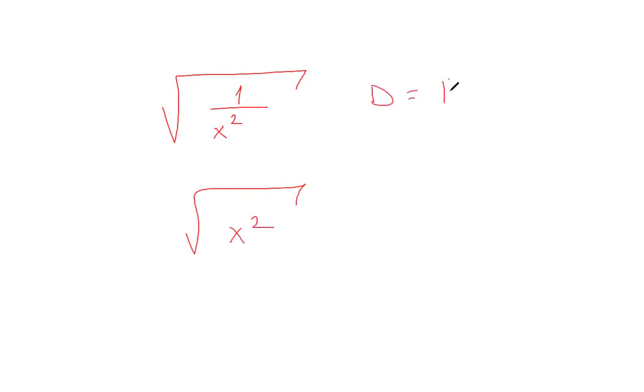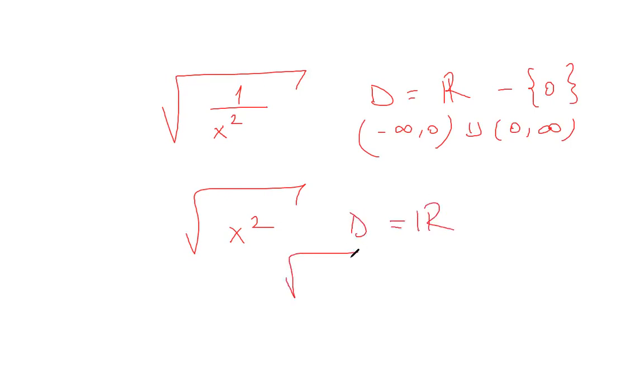For that reason, one more time, do not memorize anything. Understand the concept. 1 over x squared and x squared. So what is the domain? Domain is all the real numbers except 0, which means negative infinity and 0 open. Since 0 makes this undefined, I cannot take it. But here, domain is all the real numbers.